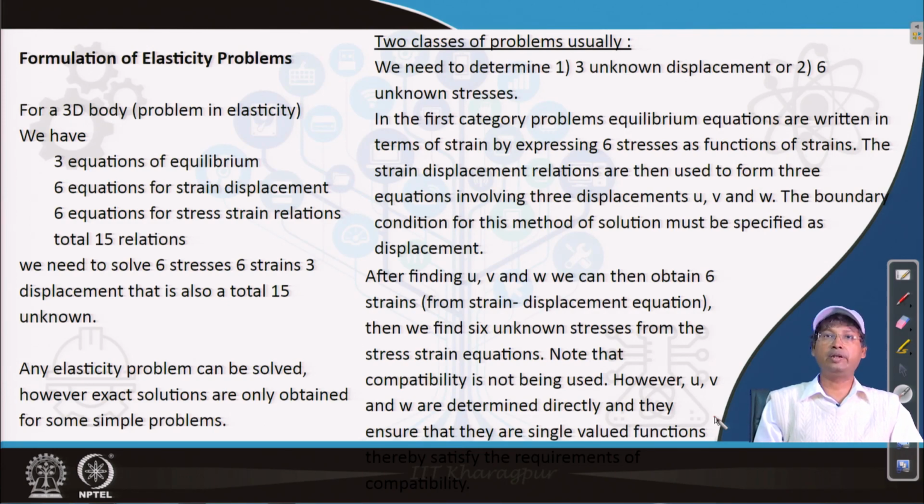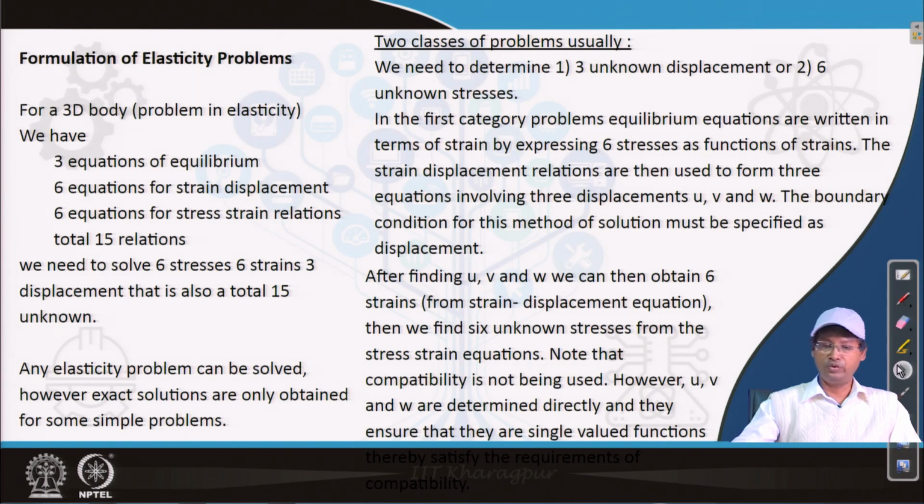That is the reason why, in many cases after going through the elasticity course, many people ask what is the need of the compatibility equation? Because the problems we solve are already solved by famous physicists and scientists, and they have already satisfied the conditions of compatibility. We generally skip that part. We do not show that it is satisfying the compatibility condition, but that does not mean that it is not required to be satisfied. So, please keep in mind, compatibility has to be satisfied.